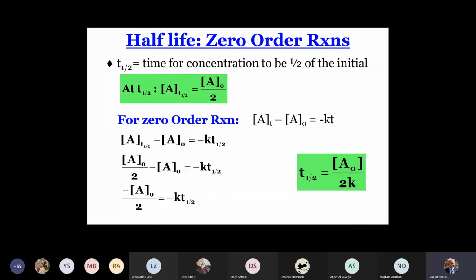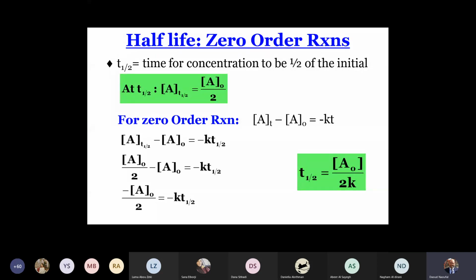What is the conclusion? For a reaction of 0 order, t-half depends on the initial concentration of A we start with, and it depends on the rate constant of the reaction. But remember that t-half is directly proportional to A0. Suppose you did several experiments of the same reaction. In the first, you start with A0. In the second, you start with 2A0.